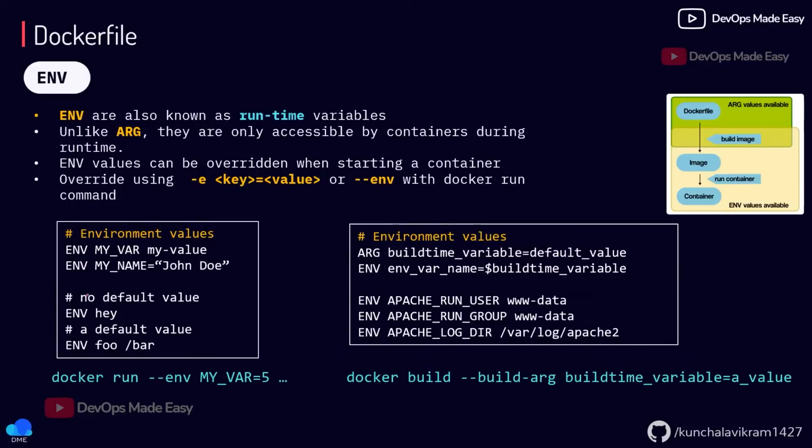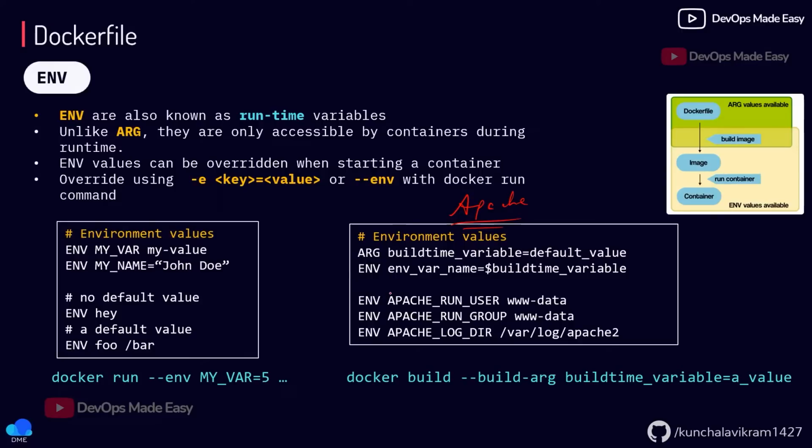You can create an environment variable without any default value, or with some value. It is entirely up to you. Let's say your image automatically reads some environment variables, for example Apache. You can set those environment variables in the Dockerfile itself.